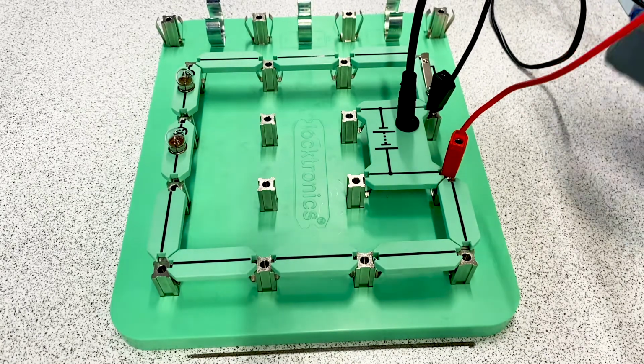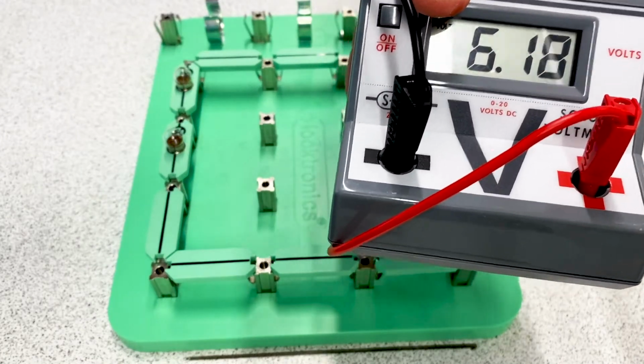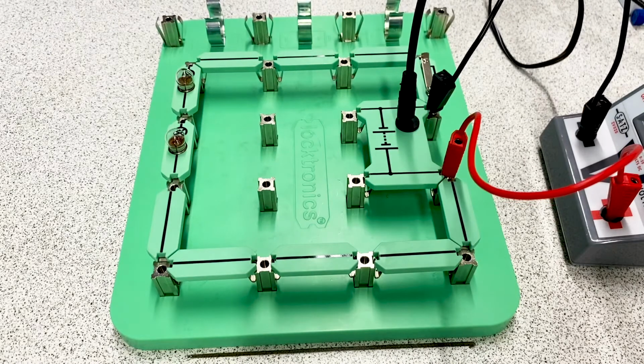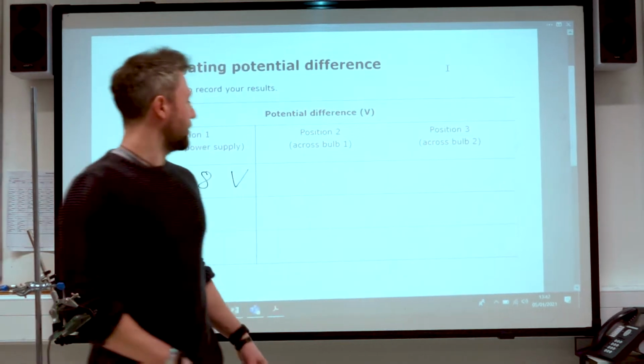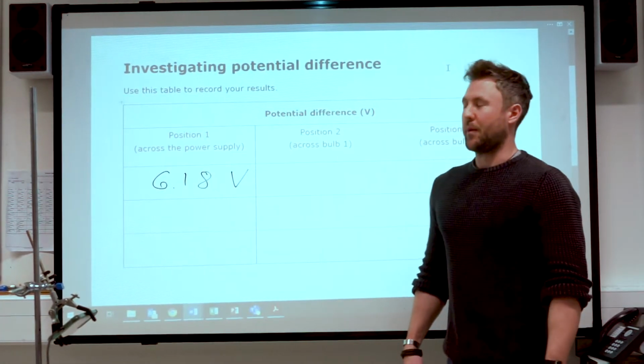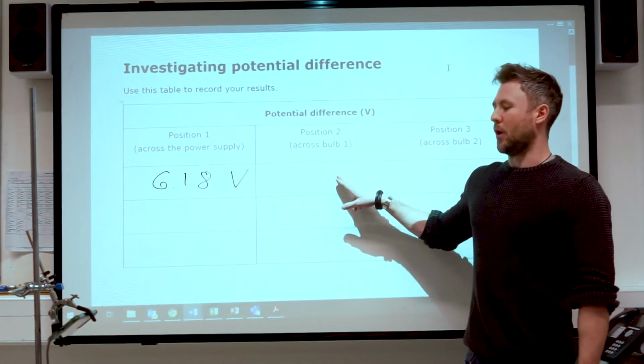If we have a little look at the number that we've got recorded here, we have 6.18. So I'm going to write that down. Now the second part we need to look at is the voltage or potential difference of bulb 1 and bulb 2.